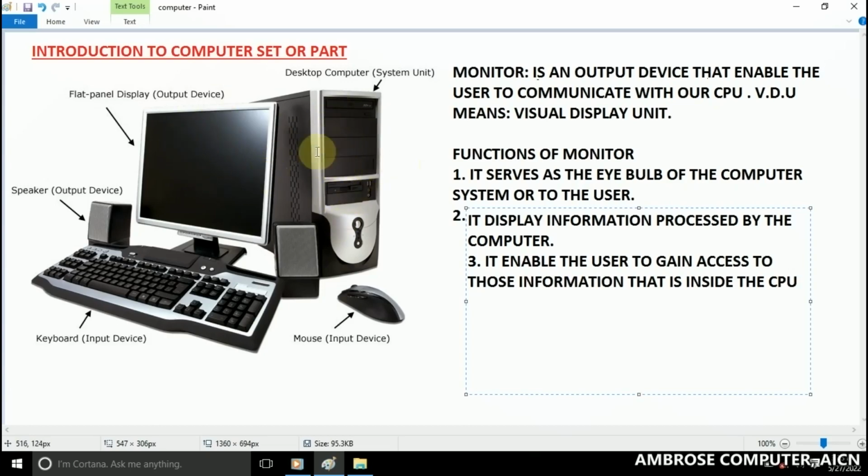Whatever we are doing now, this one is like a father, while this one is like a mother. All the units we have on our screen now are not all the computer parts. I'm just trying to introduce the computer set.